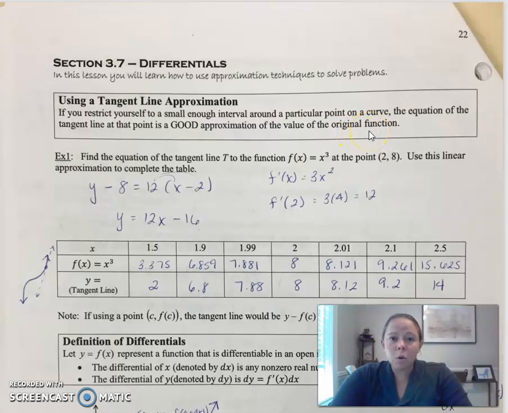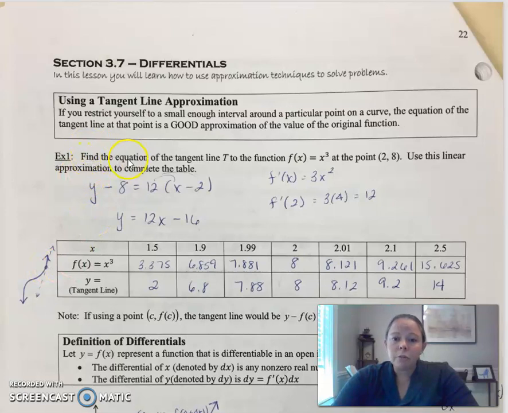That goes back to the concept that if you zoom into a function, it starts to appear linear. We say it goes linear as you zoom in. You can see that over here. If I zoom in, it would start to look like a line, and that tangent line would at least give me a good approximation of the values around my point.